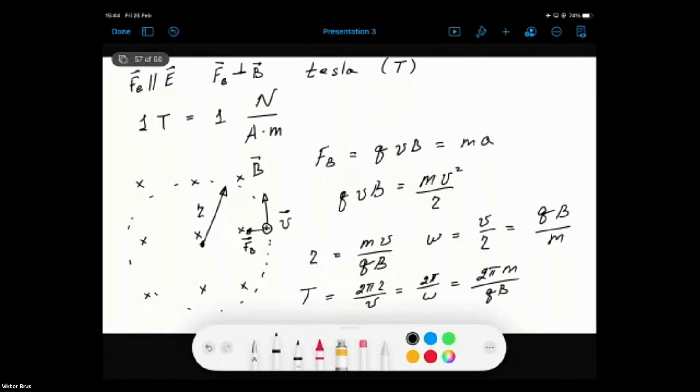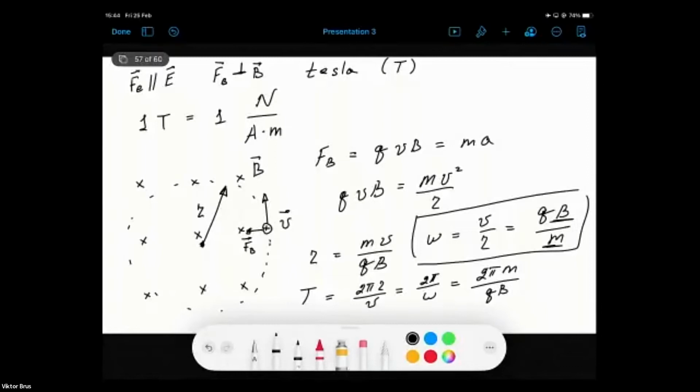And by measuring this cyclotron frequency, it is possible to calculate the effective mass of charge carriers, because if you take a look at this equation, we have the magnetic field, the mass of the charged particle, which in our case, if we deal with some solid state material, will be the effective mass of the electron, for instance, and their charge.